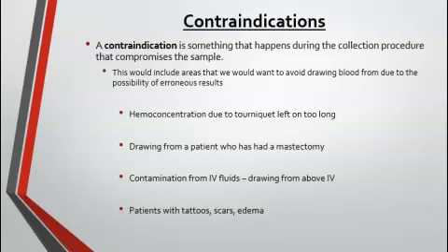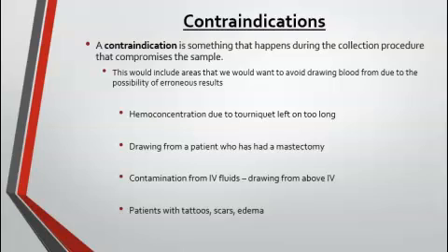The next concept we need to understand is contraindications. Contraindications is something that happens during collection that compromises the sample. A contraindication could happen for a number of different reasons. It could be that the tourniquet was left on too long and it compromised the sample. It could be that the phlebotomist accidentally drew from the wrong side of the patient when it was a mastectomy patient.